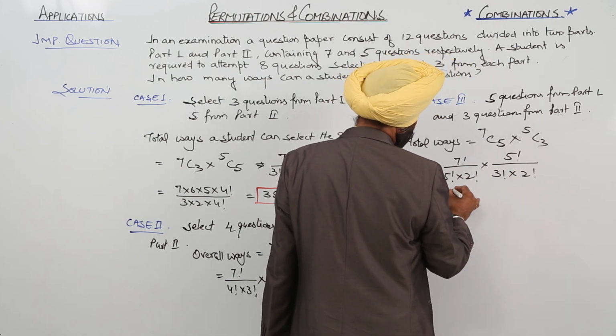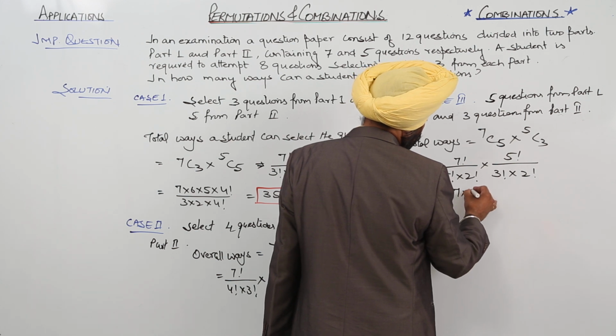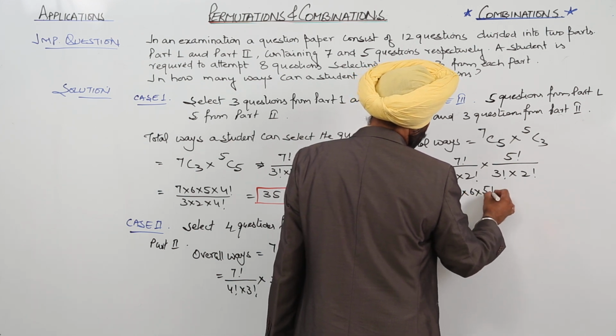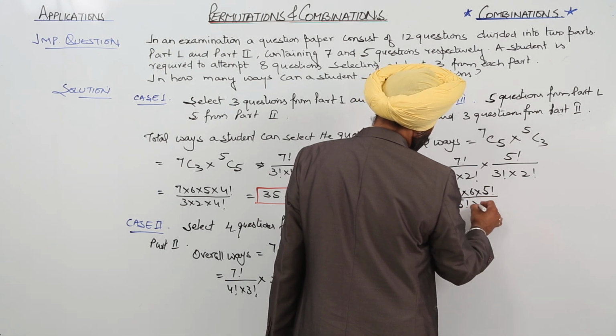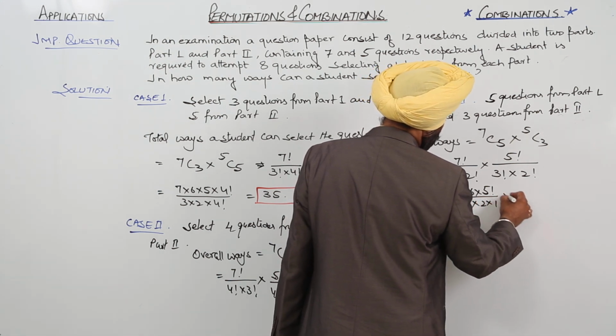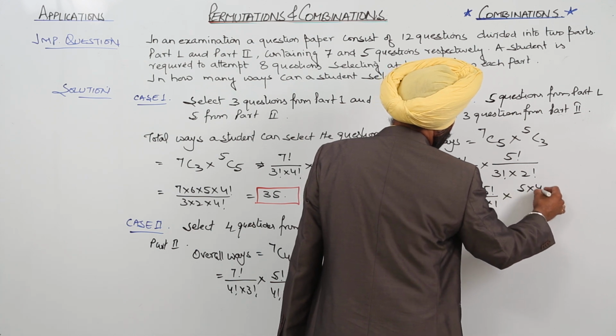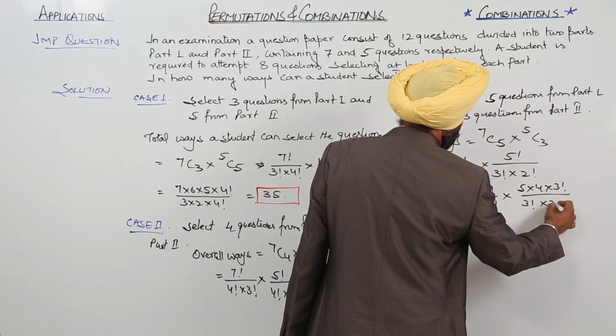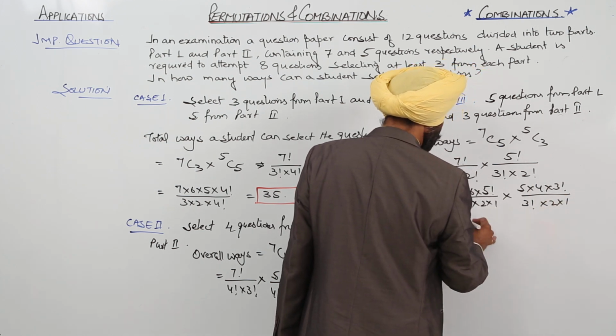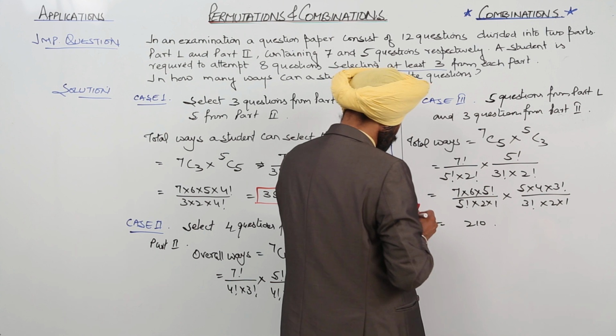Now this becomes 7, 6, 5 factorial, 5, 4, 3 factorial upon 5 factorial 2 times 1, 3 factorial 2 times 1, and on solving we are having 210.